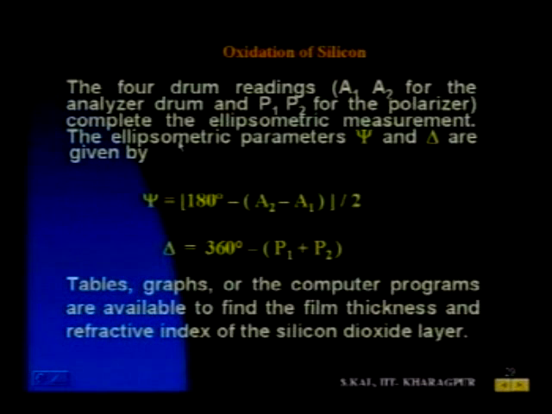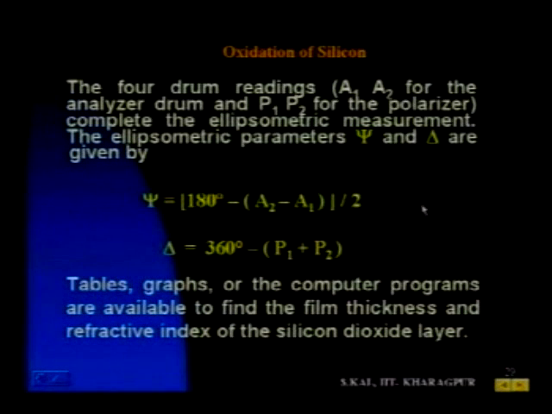These two are known as ellipsometric parameters. Psi is given by 180 degrees minus (A2 minus A1) divided by 2, and delta is 360 degrees minus (P1 plus P2). Once you find psi and delta, tables, graphs and computer programs are available to find the film thickness and refractive index of the silicon dioxide layer.